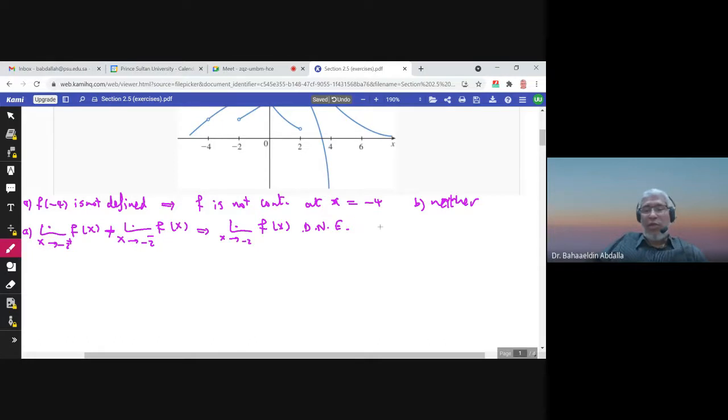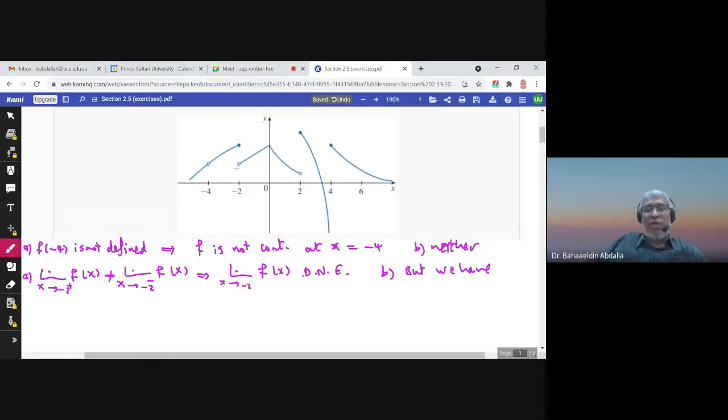For part B, for this number x equals negative 2, we have the limit, notice that it's closed here, okay? So the limit of f of x when x approaches negative 2 from the left would be equal to f of negative 2.